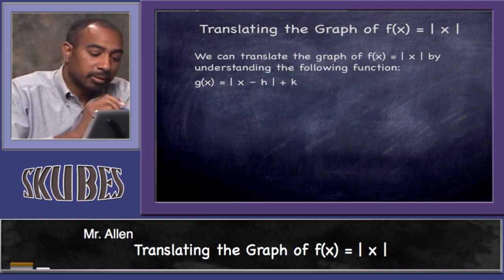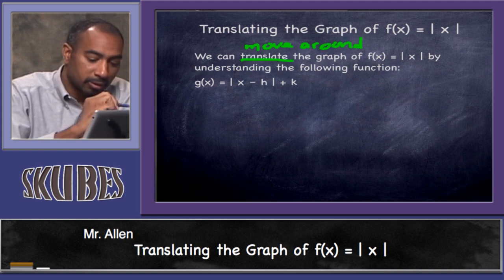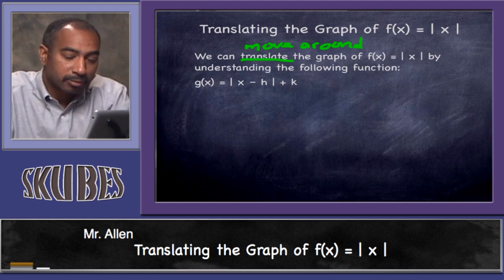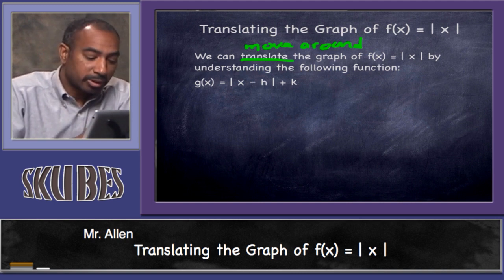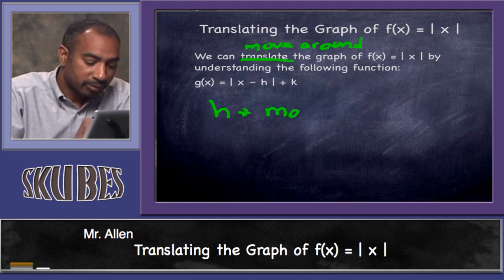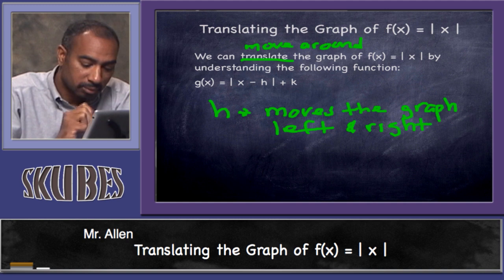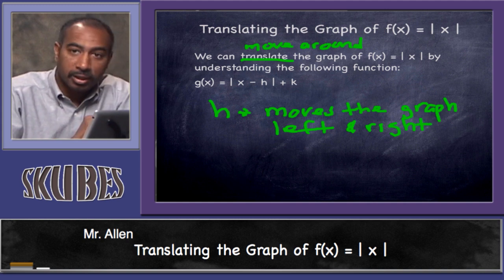We can translate, or another word is we can move around, the graph of f of x equals the absolute value of x by understanding the following function. In this case, h moves the graph left to right, depending on the sign.